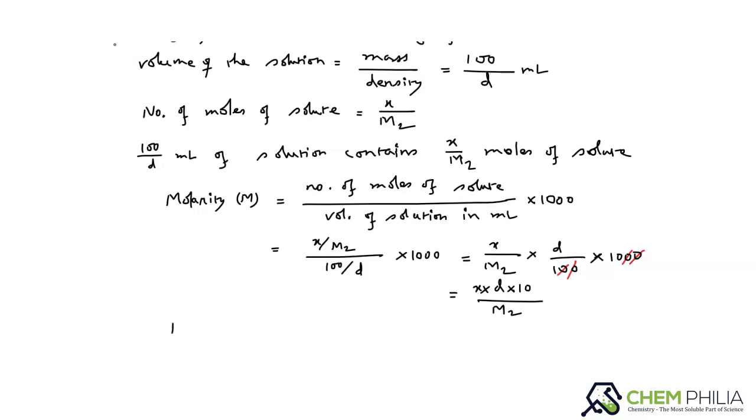So finally the relation is molarity is equal to x into d into 10 divided by m2, and you know which one is what. Means x is the mass percentage of the solution, d is the density in gram per ml, m2 is the molecular weight of the solute, and capital M is the molarity.